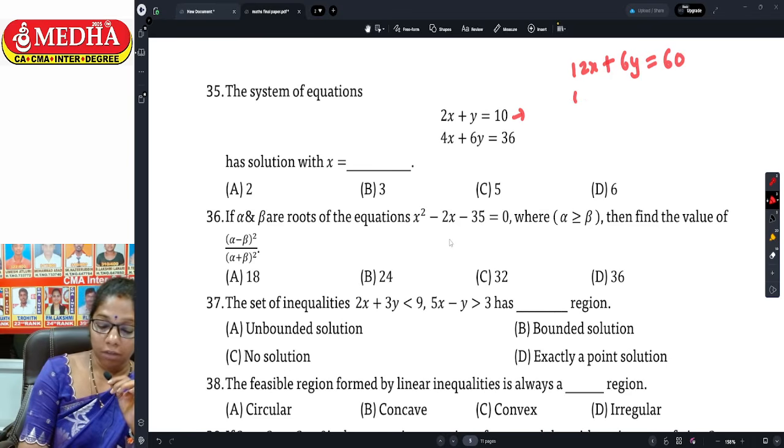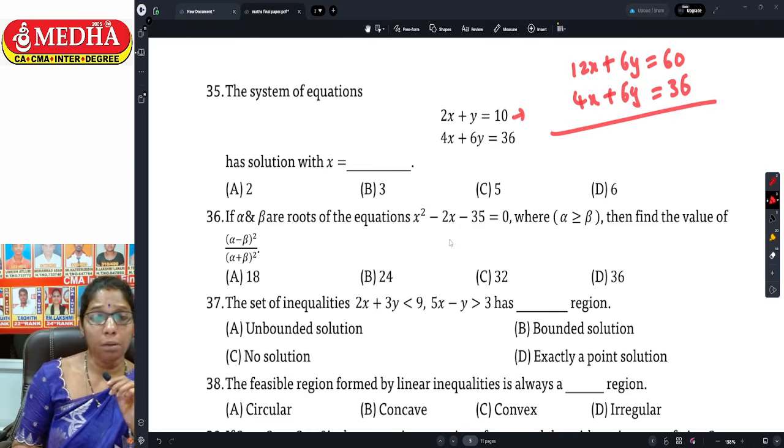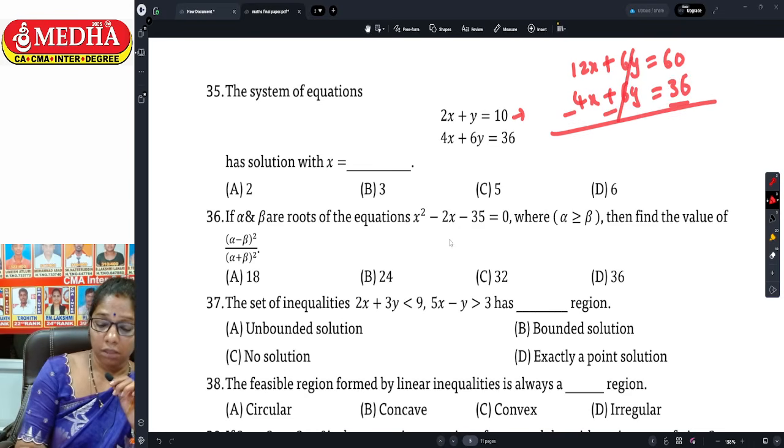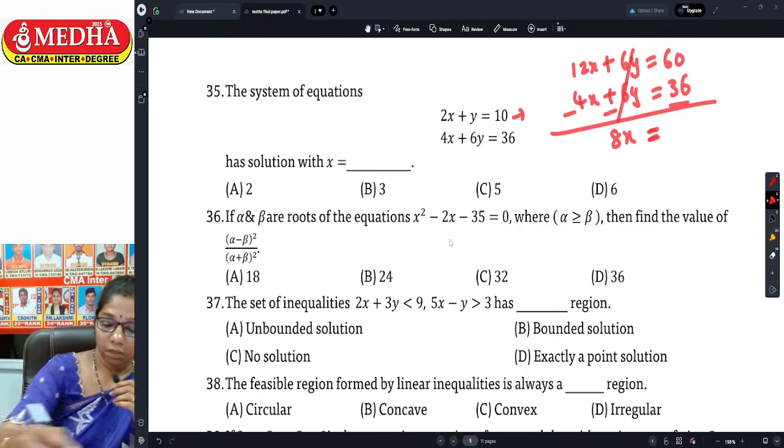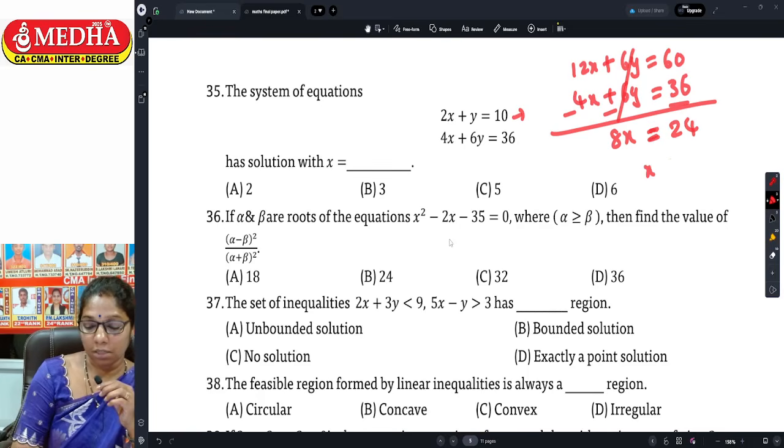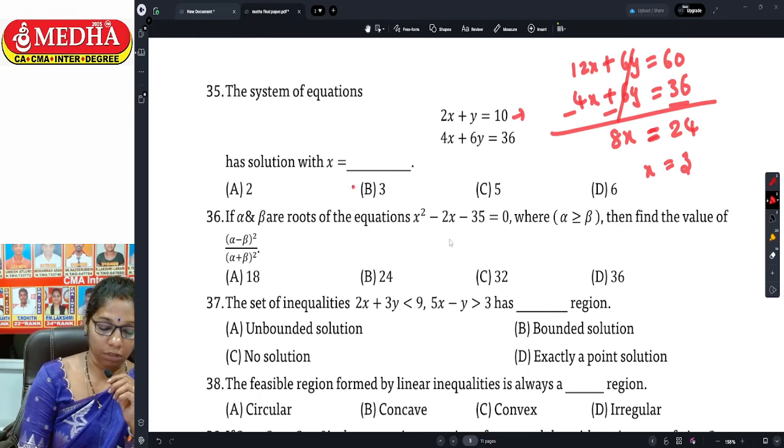And next, 4x plus 6y equal to 36. By eliminating this, these two are eliminated. 8x is equal to 24, x is equal to 3. So x is equal to 3 is the solution.